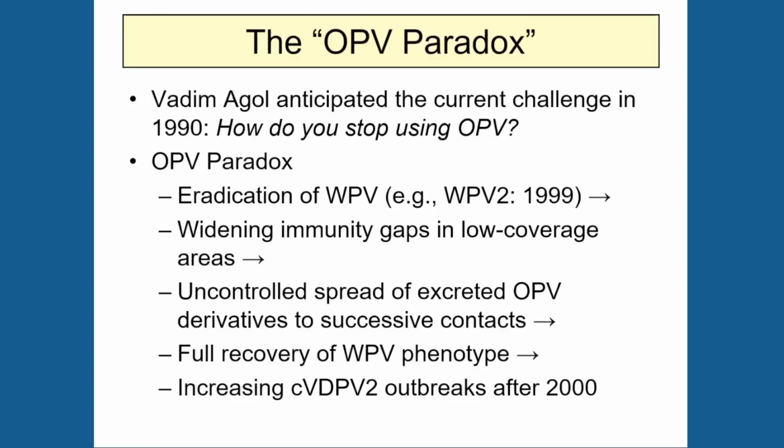So as you've already heard, the OPV paradox really is the eradication of the wild poliovirus, for example, wild poliovirus 2 in 1999. You no longer have natural immunity, so there are widening immunity gaps in low coverage areas, which unfortunately we have many of in the world.